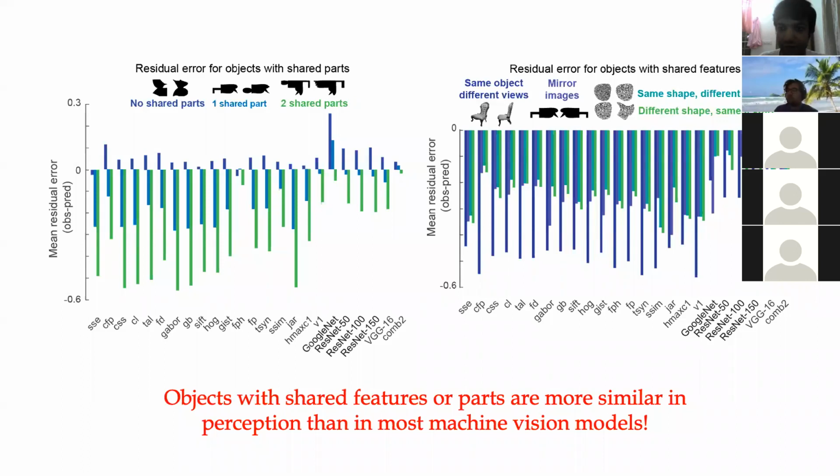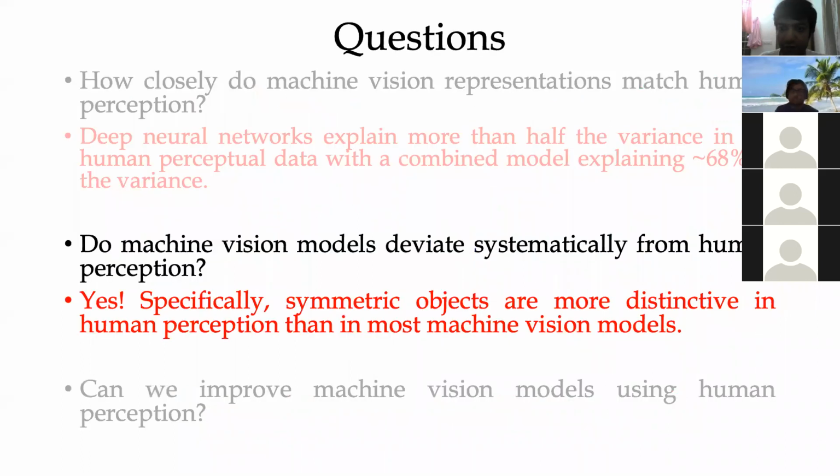Okay, cool. So to answer the second question, do machine vision models deviate systematically from human perception? We found that the answer is yes. Specifically, symmetric objects are more distinctive in human perception than in most machine vision models.